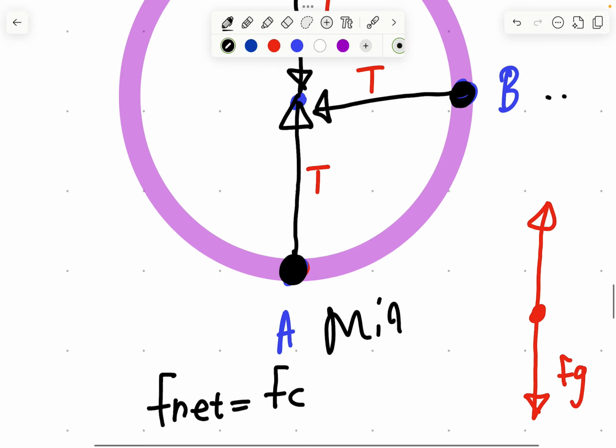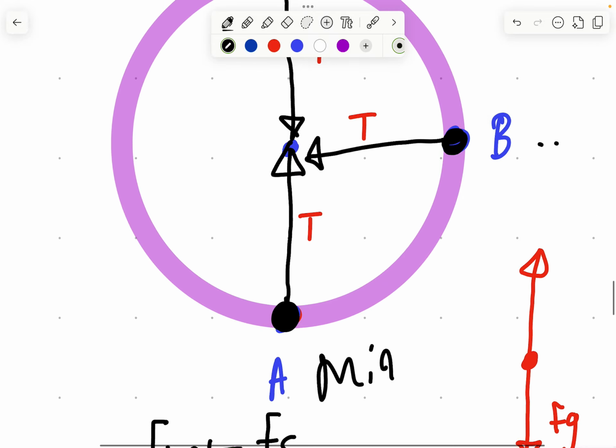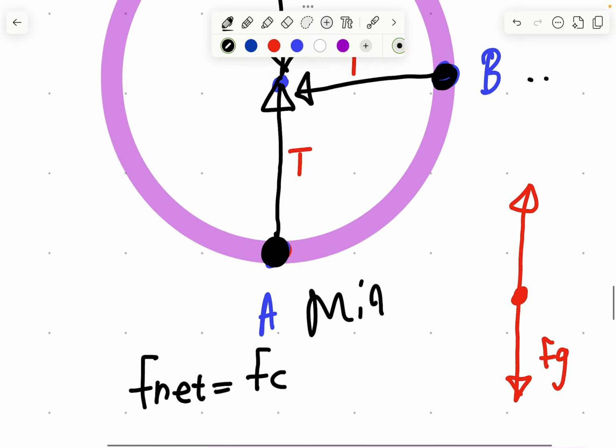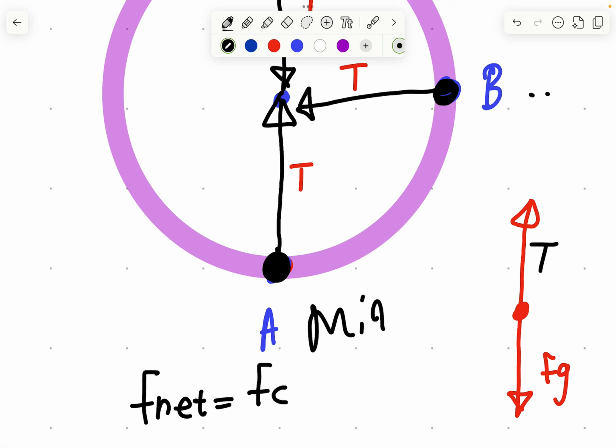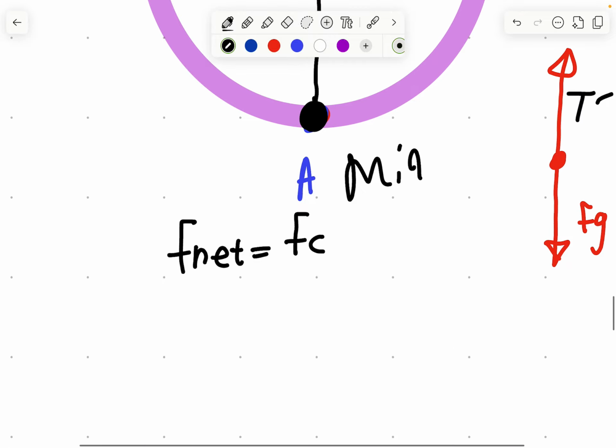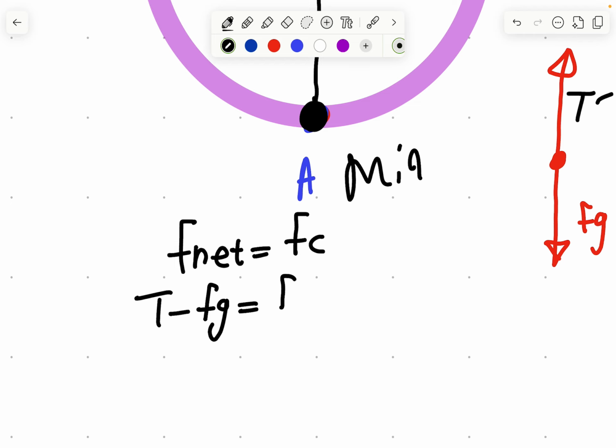You don't choose the direction on your own here. You choose the force going to the origin of the circle to be positive. For now, the tension is going to the origin, so you choose it positive. It means you are going to have tension minus Fg equals centripetal force.